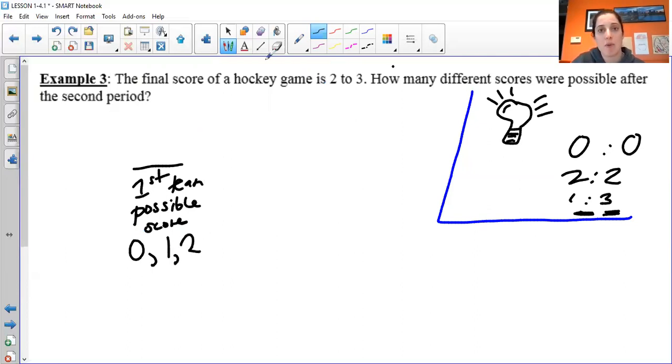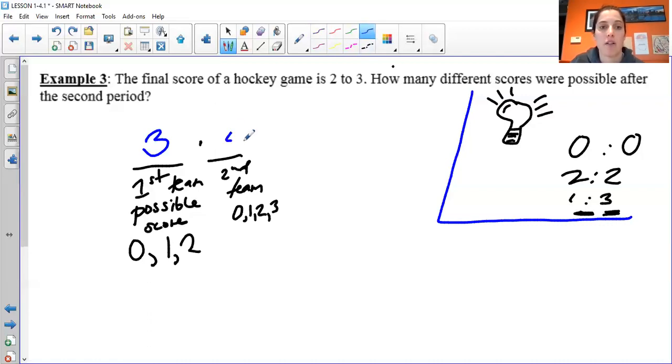Remember, it's about how many choices per stage. So they have 3. Then we have the second team. They could have scored 0, 1, 2, or 3. So they have 4. So there are actually 12 different scores possible.